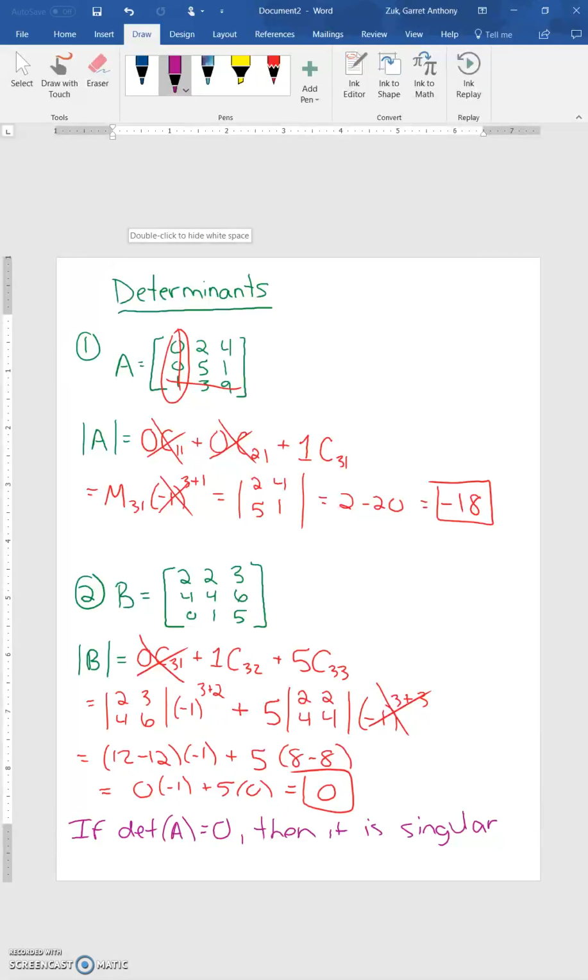That means it does not have an inverse. So if you ever take the determinant of a matrix and get 0 as an answer, you know that matrix does not have an inverse. If you get any number besides 0, positive or negative, that matrix is invertible, and we can use our process from last week to find its inverse.